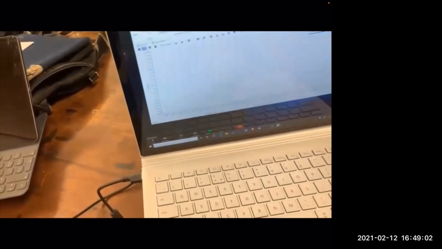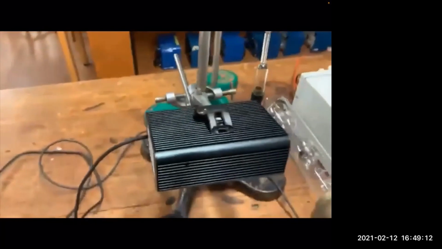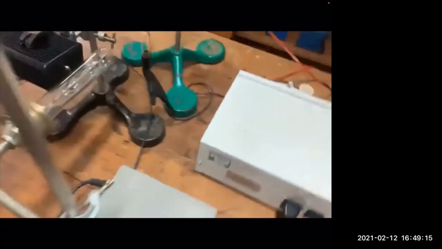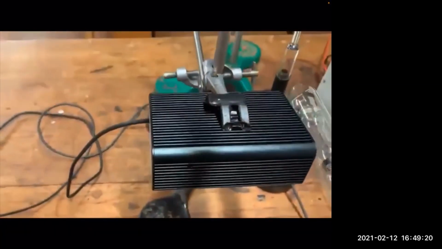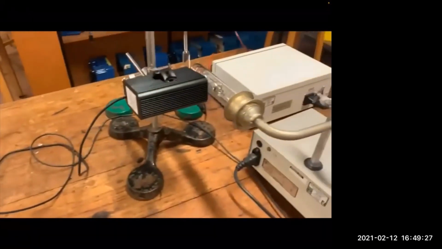That's the laptop. I'm going to be using the spectrograph software to get the data from the spectrometer, which, by the way, is pretty much a box with a slit at one end, a diffraction grating inside it, and the camera sensor of a webcam inside as well. First I'm going to turn the lights off and turn the helium spectral lamp on, and let's see if we can see anything.